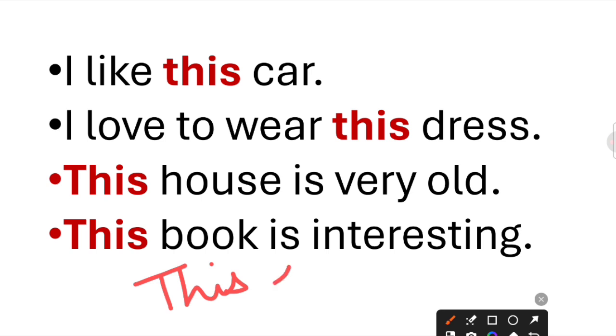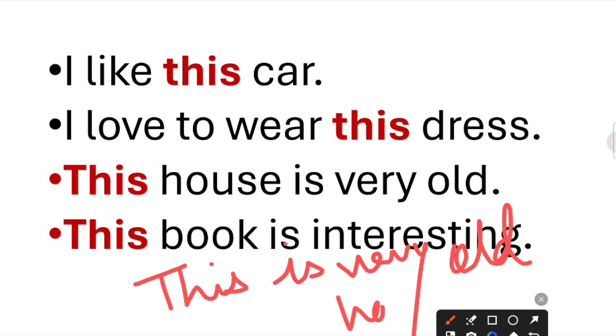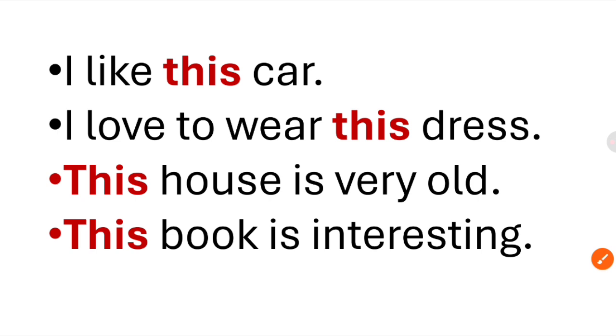You will say this is very old house. Okay. You will say "this." So here you are using "this" independently. You are not using it just before a noun. So this is very old house. This is very old house. But if you use it as a demonstrative adjective, then you will say this house is very old.